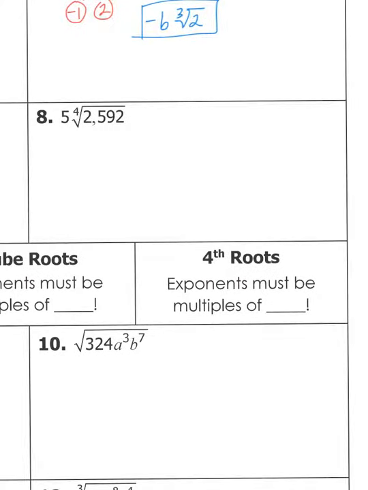Now don't let 2,592 intimidate you. 2 plus 5 is 7, 7 plus 9 is 16, plus 2 is 18, that's divisible by 9. So is 2,592 then. So I'm going to divide this by 9. So 9 goes into 25 twice, 7 left over. 9 goes into 79 8 times with 7 left over, and 72 8 times.